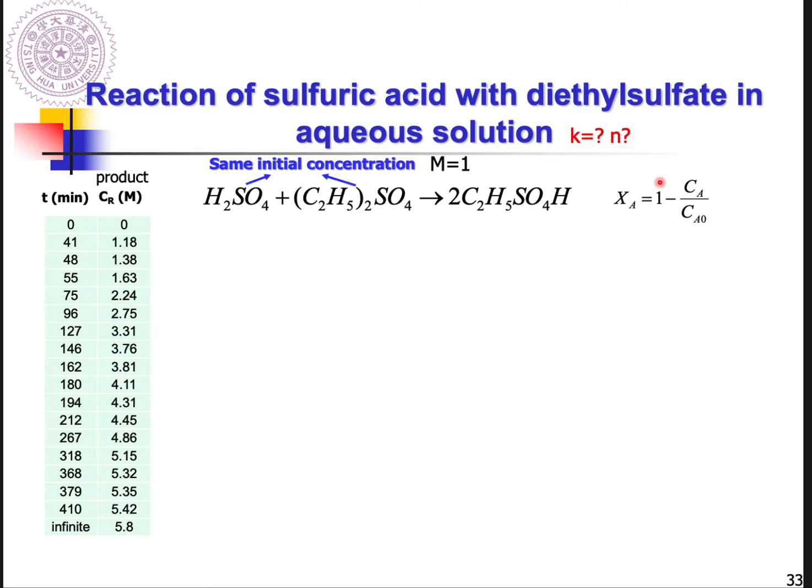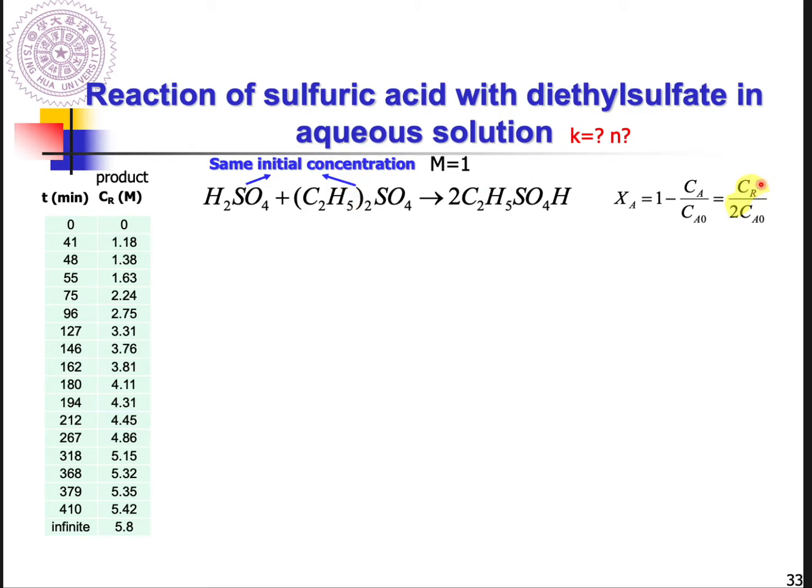So what's CA0 minus CA? CA0 minus CA is how much concentration of reactant A has been converted to product, right? And if you consume one reactant, you will generate 2 products. So it's CR over 2 here, because we have 1 and you generate 2.